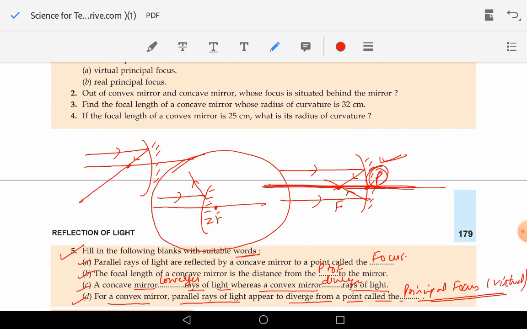I hope you have understood how we solve the questions related to mirrors. We should have an idea where the center and the focus of the mirror are, and whether the mirror is converging or diverging. Then we can solve any type of question that is given to us.